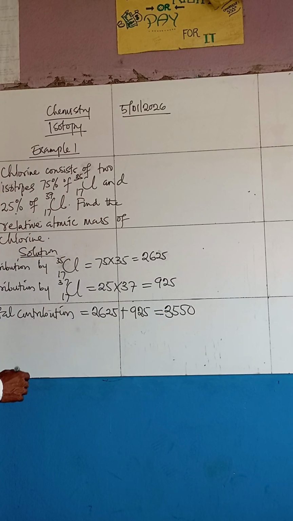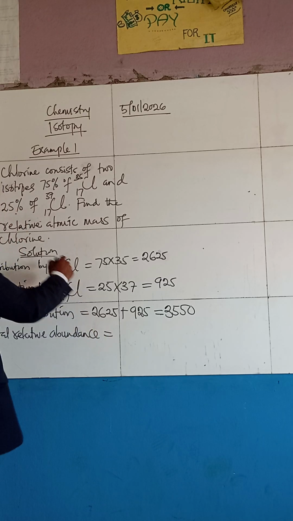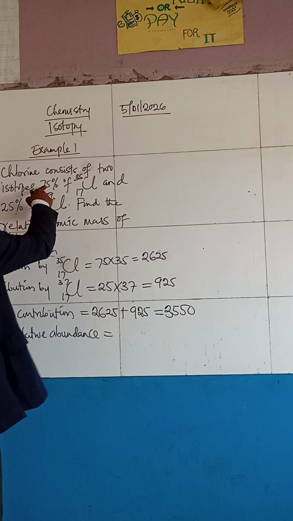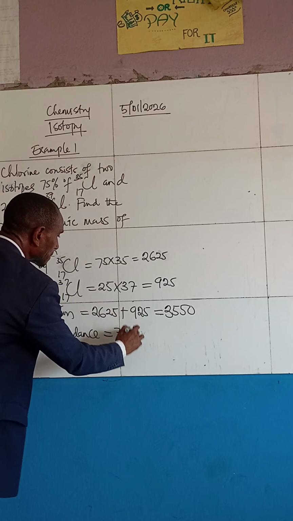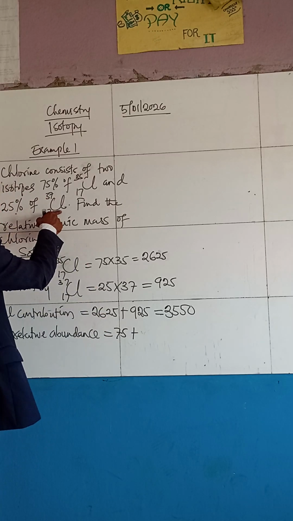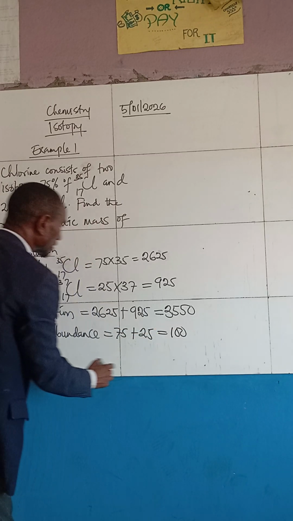The next thing is, what is the total relative abundance? The abundance of this one is 75, plus the abundance of this particular isotope, 25. If you add them, you have 100.